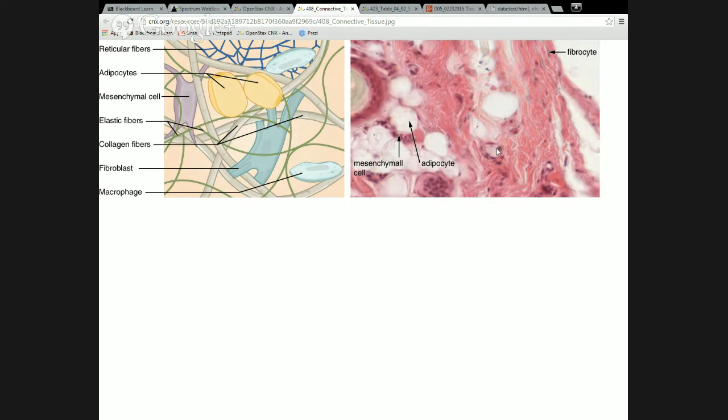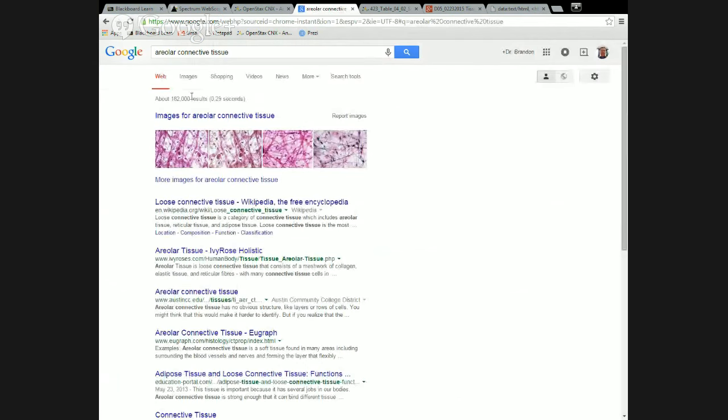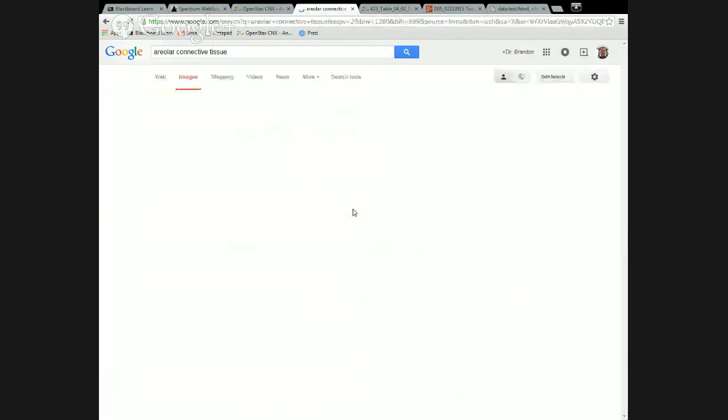But probably, maybe, this thing right here, this is probably the wall of a blood vessel, okay? So it's in the space here, sort of passing through. I wish they'd kind of had a version of that in the slide here. And I'm just grabbing some images from a Google search.